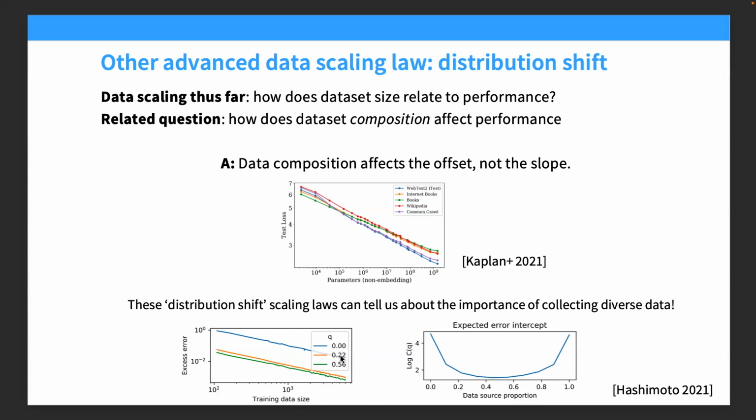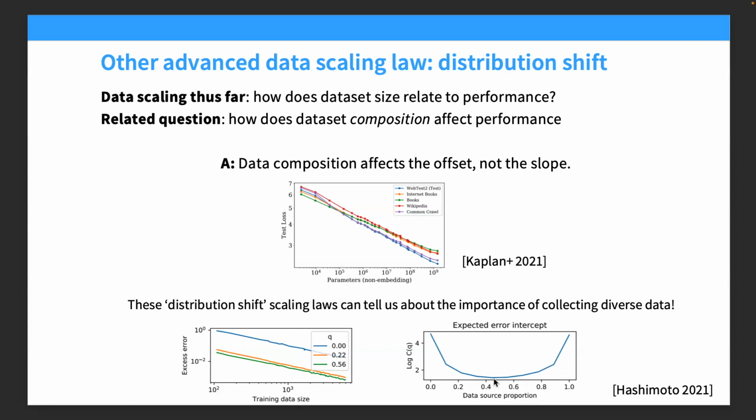As you add in the second data set, you see the test loss or the intercept drop. And people identified the optimal combination of the training sets so that the intercept is the lowest, which means you can have the lowest test loss.